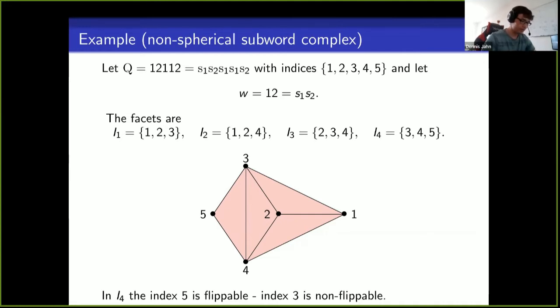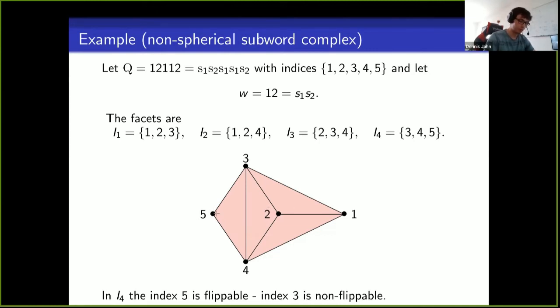One more thing to say about this picture is that we call this vertex 5 in the facet 3, 4, 5 flippable, because if we would remove it from this facet 3, 4, 5, there is a unique adjacent facet that we can go to, so we can replace this 5 with this 2.